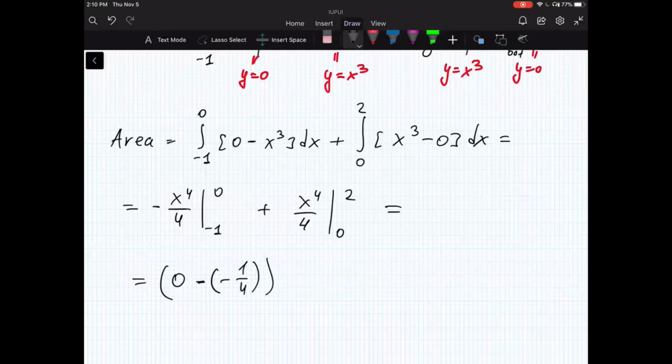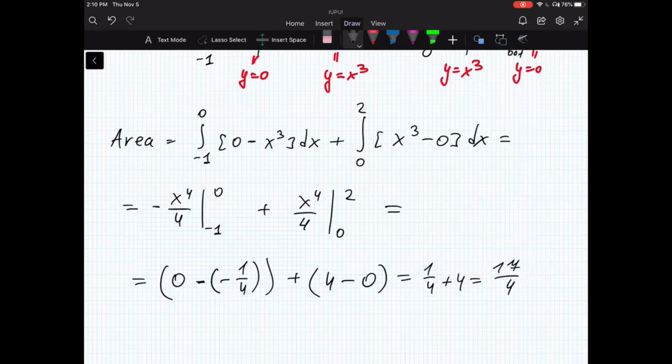One minus because of this one, and another minus because I need to substitute the value on the lower limit. While the second one gives me 2 to the power 4, which is 16 over 4, which is 4, and on the lower limit I got 0. So finally I'll get 1 over 4 plus 4, which is the same as 17 over 4.